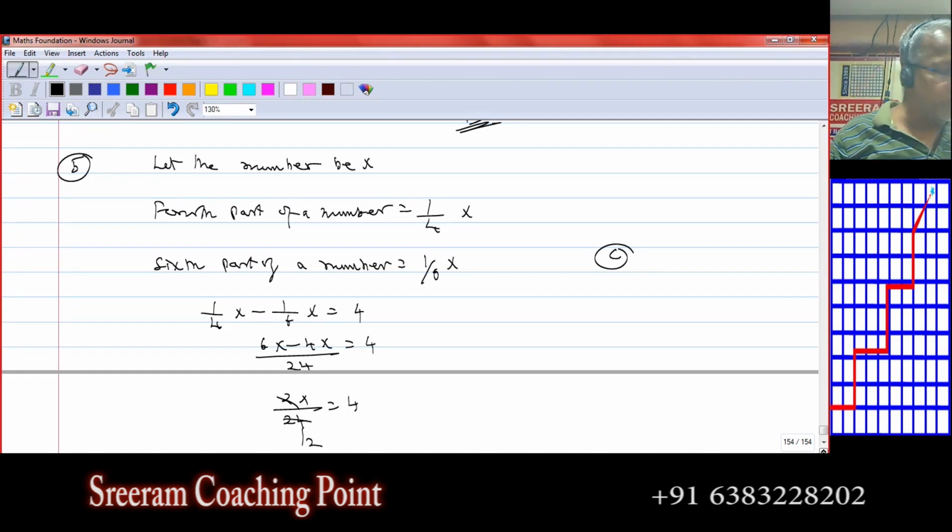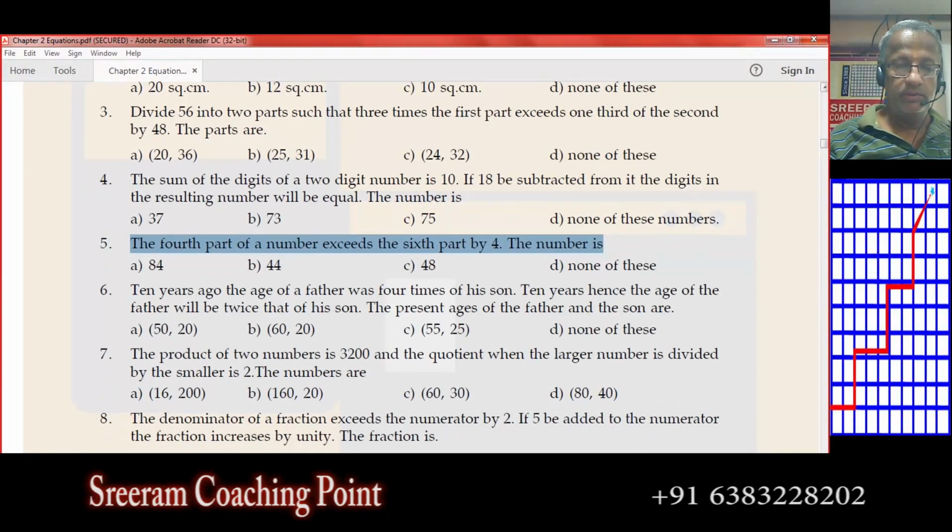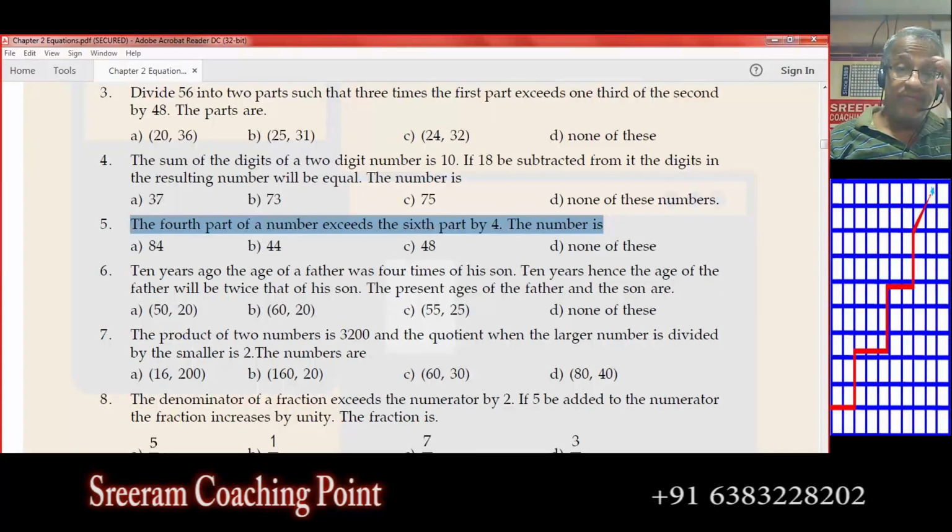Yes, sir. 10 years ago, the age of a father was 4 times that of his son. 10 years hence, the age of the father will be twice that of his son. The present ages of the father and the son are 50 and 20, 60 and 20, 55 and 25, or none of the above.